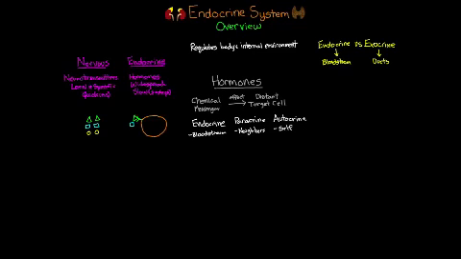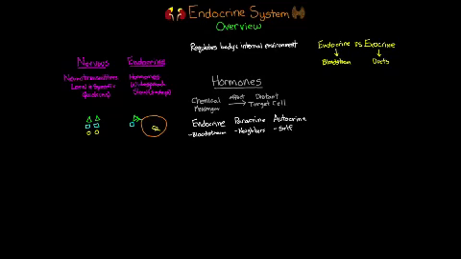The first is like the example that I drew here, where these receptor sites are on the surface of the cell, and this causes some secondary messenger to take place inside the cell, ultimately leading to whatever the effect is supposed to be. Others are going to be located within the cell. And so here the hormone must actually enter into the cell in order to bind with that receptor. And this is usually going to directly influence the synthesis of some sort of protein that's going to give us the effect that we're looking for.